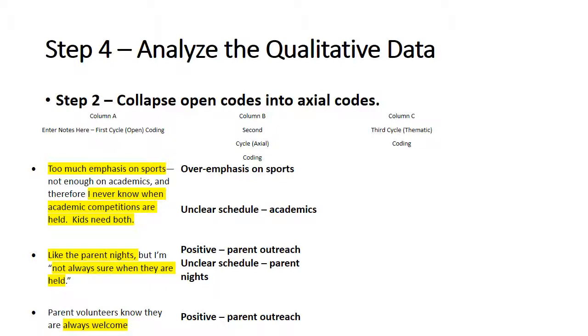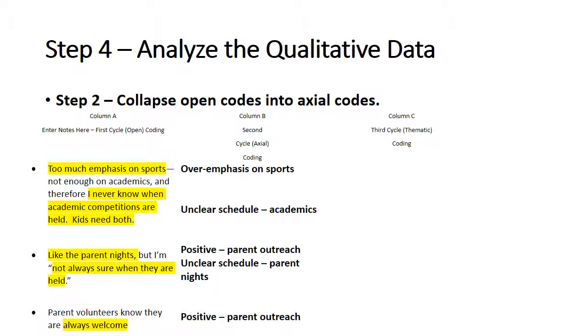Like the parent nights has been relabeled positive parent outreach. Not always sure when they're held has been relabeled unclear schedule parent nights. Always welcome at the bottom, parent volunteers always welcome, positive parent outreach.